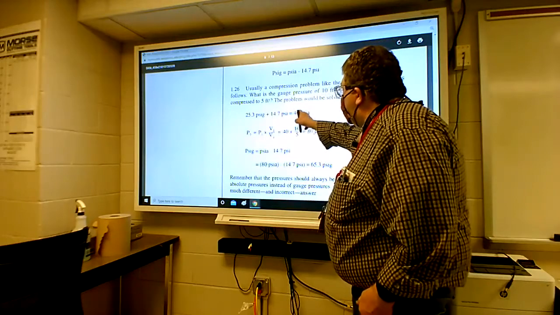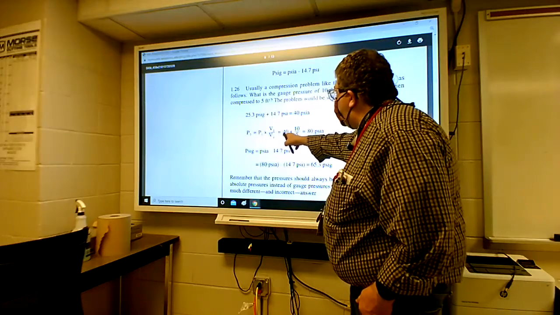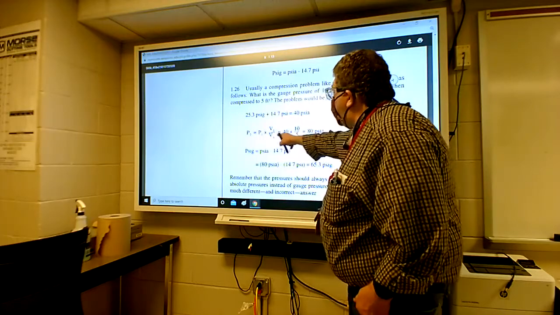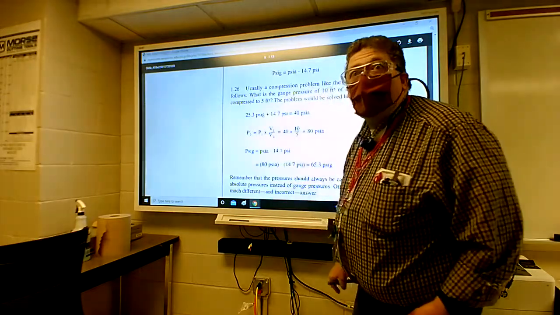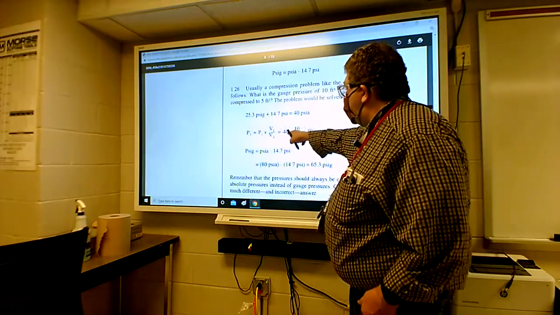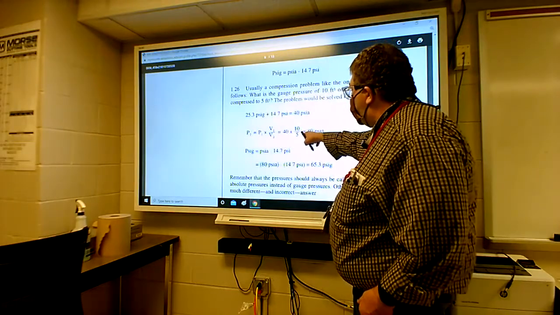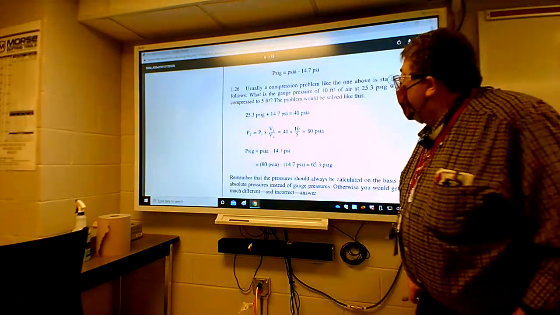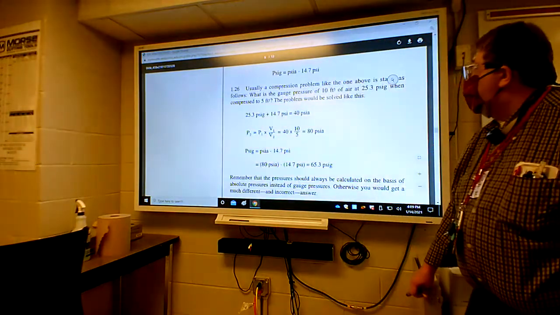If you take the absolute pressure and put it in there with volume 1 as 10 cubic feet and volume 2 as 5 cubic feet, and you multiply that out, it would be 40 times 2, which is 80 PSIA, absolute. And so are we done?